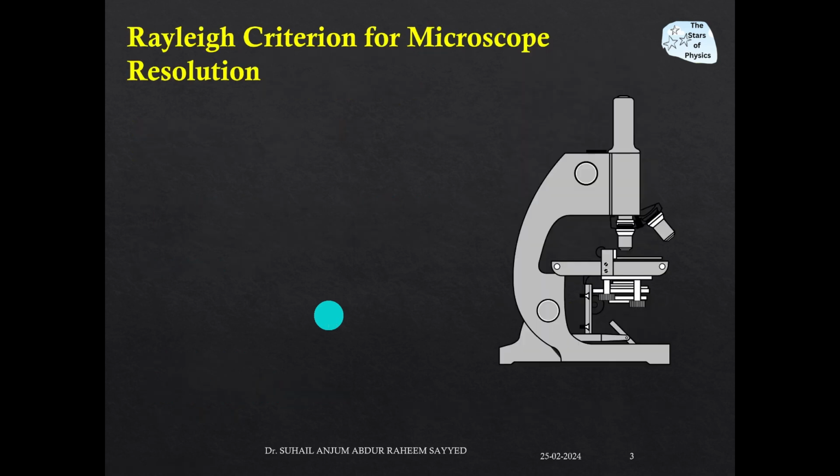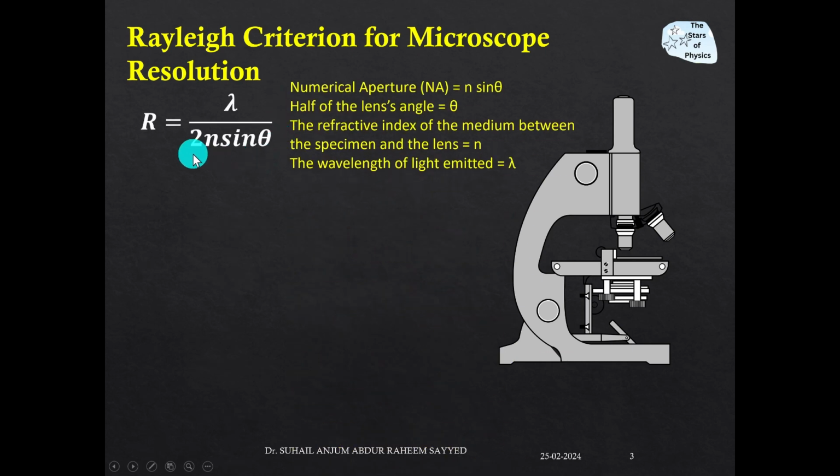Now we shall know what the limitations of an optical microscope are before going into detail of a scanning electron microscope. According to the Rayleigh criterion for microscope resolution, we have capital R equal to lambda divided by 2n sin theta, where the numerical aperture is taken as the product of n multiplied by sin theta.